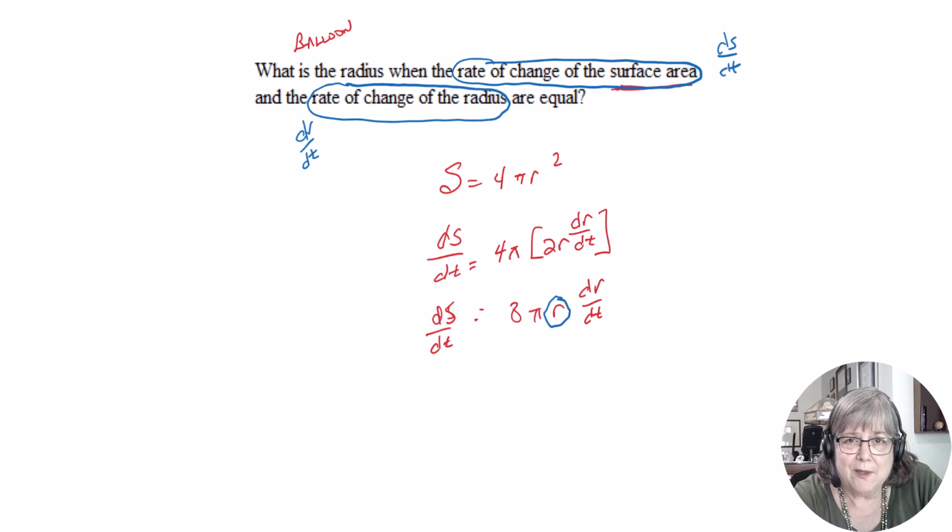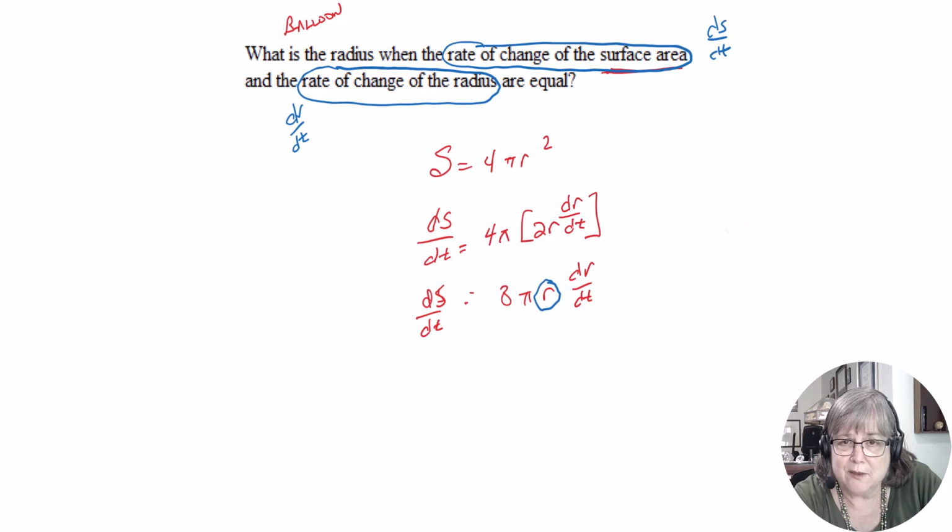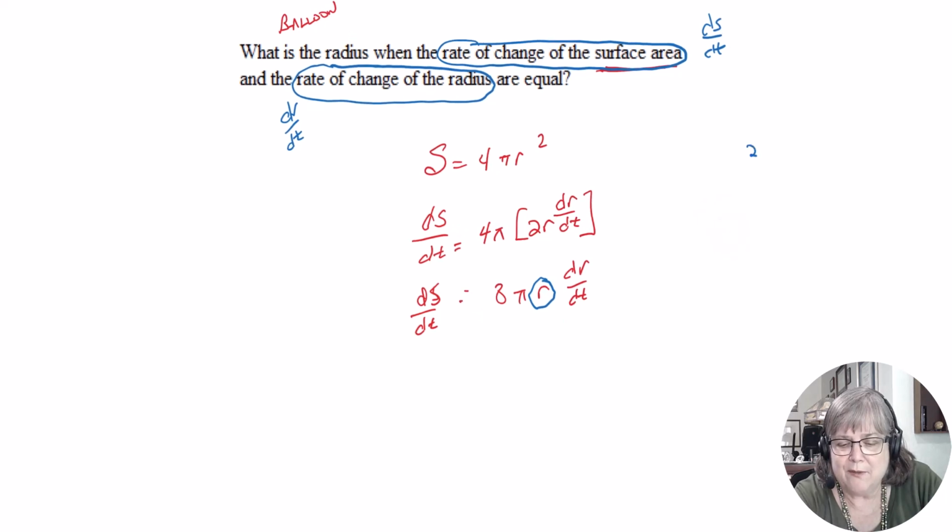So what they're saying is these two things are equal. So if these two things are equal, I could actually divide them out from both sides, right? It's the same as if you have 2x is equal to 2y. Well, if this 2 is equal to this 2, then this x has to be equal to y, right? Because technically what you're doing is dividing both sides by 2.